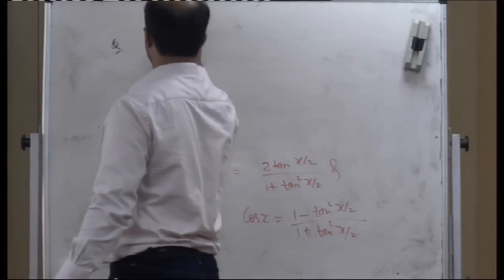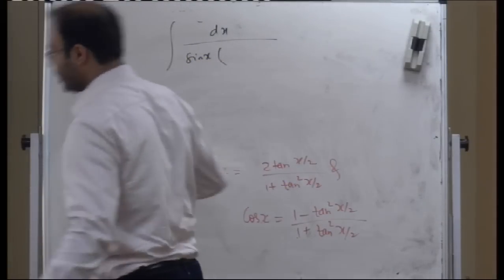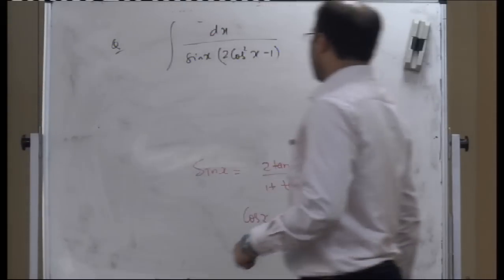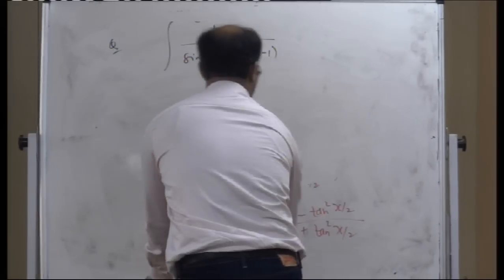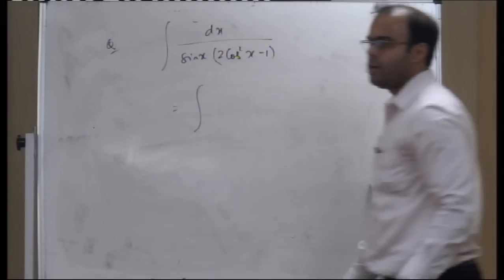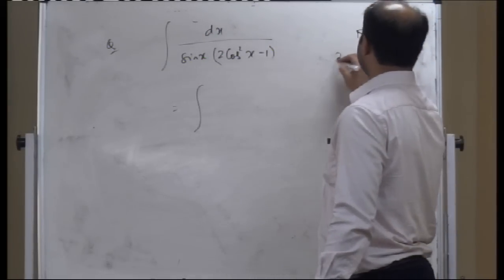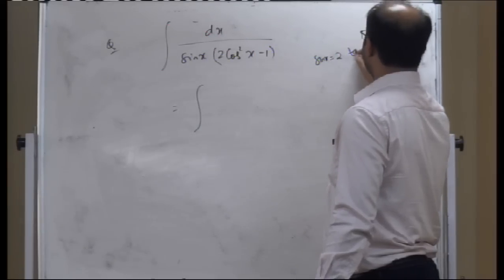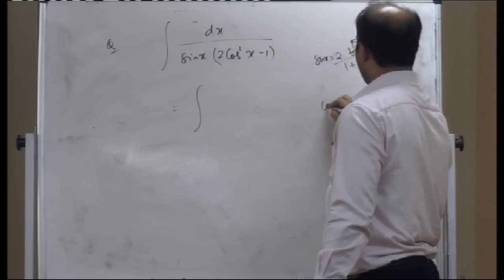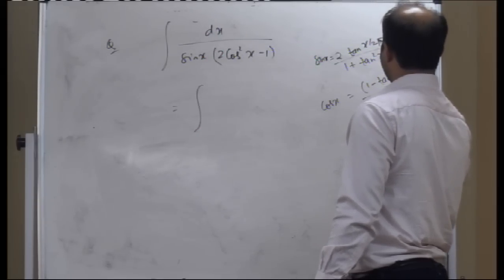The question is dx upon sin x into 2 cos square x minus 1, dx. Okay. Now by the standard method, what we can do is rewrite 2 cos square x minus 1 and sin x: sin x as 2 tan x by 2 upon 1 plus tan square x by 2, and cos x as 1 minus tan square x by 2 upon 1 plus tan square x by 2.